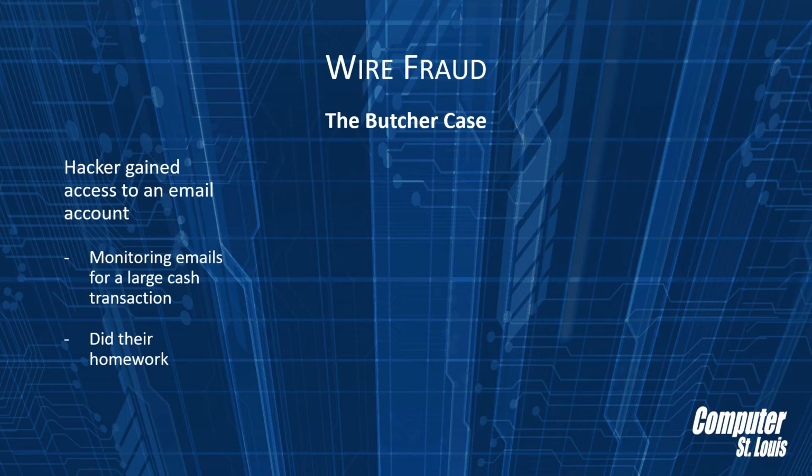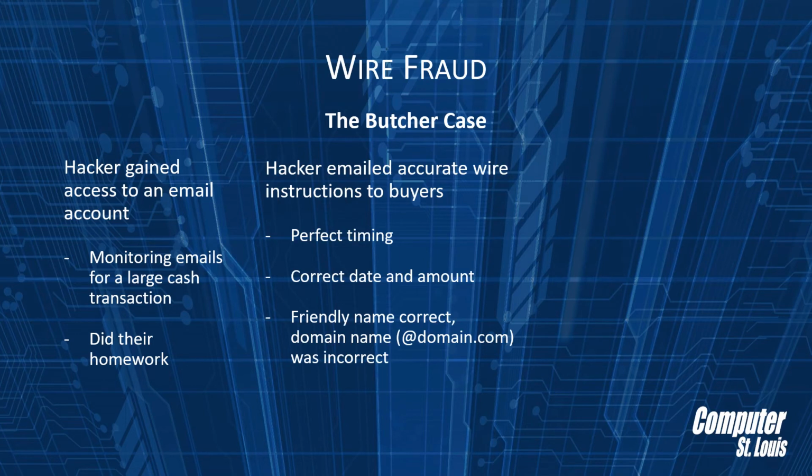The Butchers had sold their home and were, I believe, downsizing, but they had $267,000 in cash sitting in a bank account waiting to purchase a new home. A couple days before closing, the hacker emailed wire instructions to the buyers.